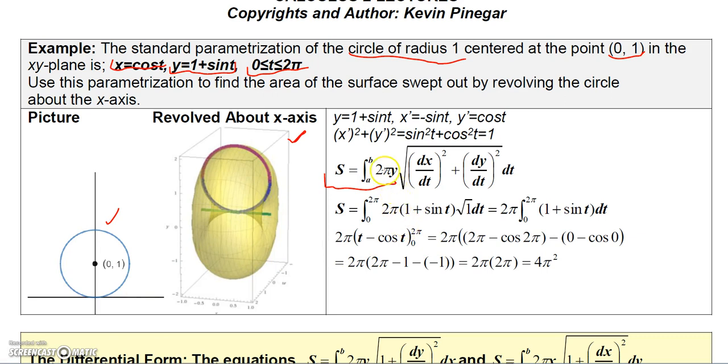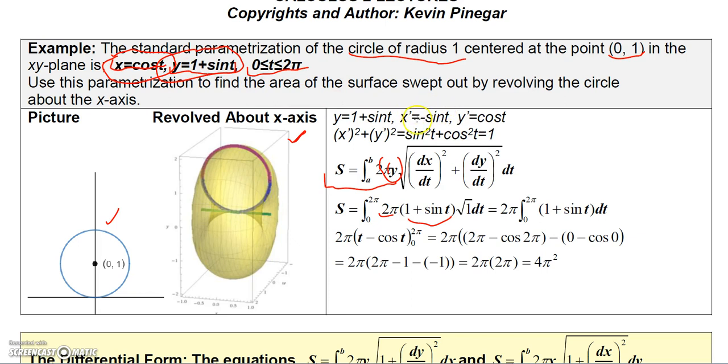Then we bring down the 2 pi, and y in the parametrized form is 1 plus sine t. Now let me show you what happens when you do x prime. If you take the derivative of x with respect to t, you get minus sine t. And if you take the derivative of y with respect to t, you get cosine t.